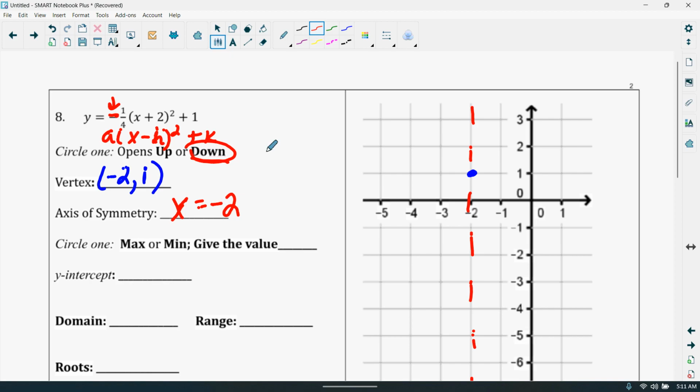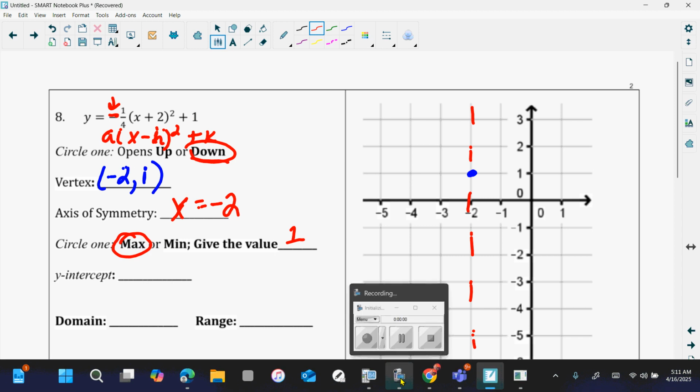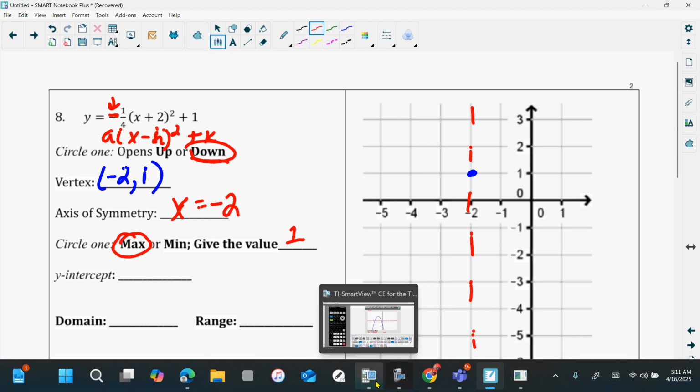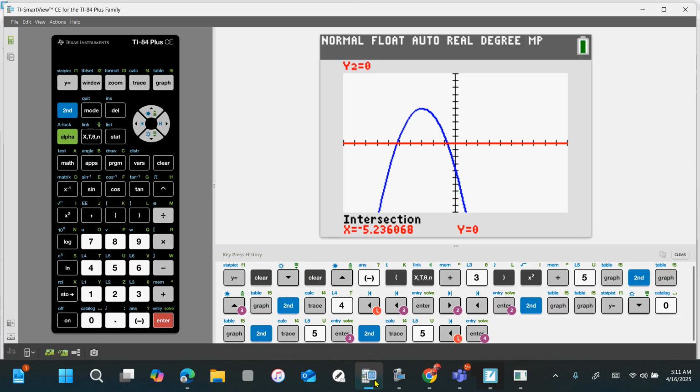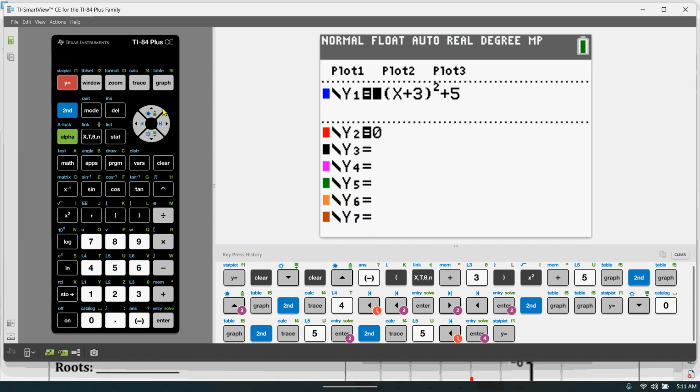Because I know it's going to be opening down, it's going to be a max, and I just have to find where that max is. It's going to be where that vertex is, so it's at 1. But if you don't see it from pulling it out, you can just go back to your calculator. Let's go to y equals, and we're going to clear this one out. I'm going to do a negative and then 1/4.